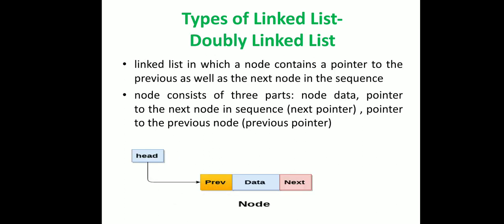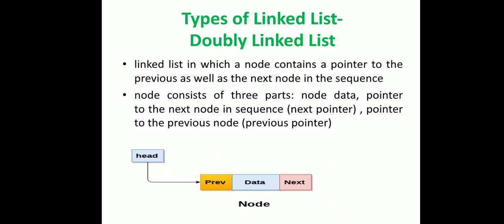The next type of linked list is the doubly linked list. A doubly linked list means a node contains a pointer to the previous as well as the next node. So there are three fields in a node: actual data, next pointer and previous pointer. In this, the traverse operation is possible in the forward direction and also in the backward direction.